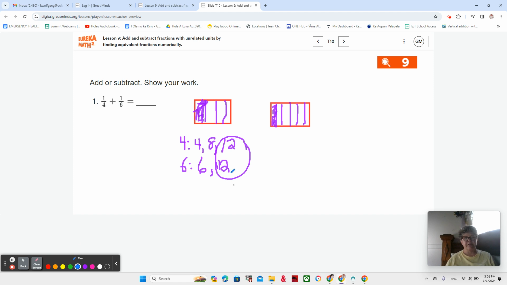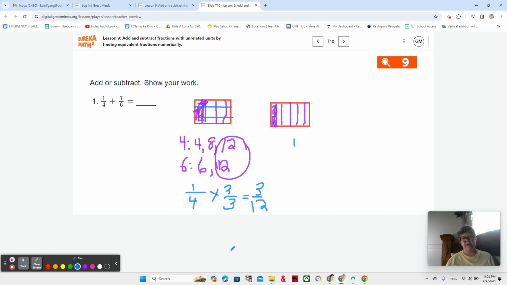So let's see if we could change our 1/4 into 12ths. What would we have to do? Multiply by 3 or draw 2 lines. So now instead of 1/4, I have 3/12. Do you see that? Let's do it down here so it's underneath the fourths. 1/4 times 3 over 3 equals 3/12.